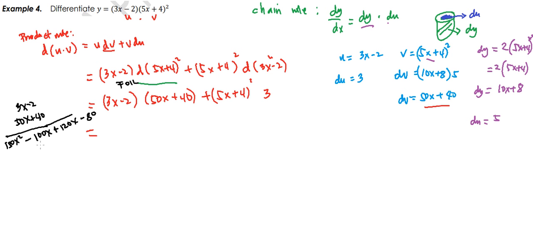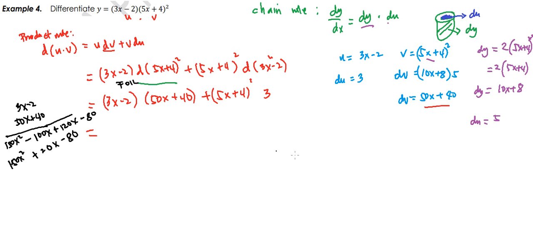Okay? So, we have 150x squared, negative 100x plus 120x, that is plus 20x na lang, minus 80. Alright? Now, yung isa naman, we have 5x plus 4 squared.